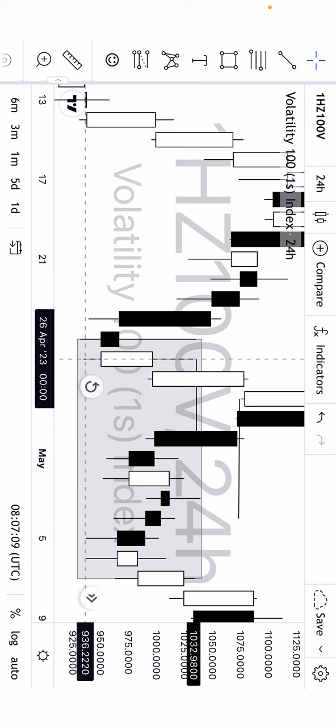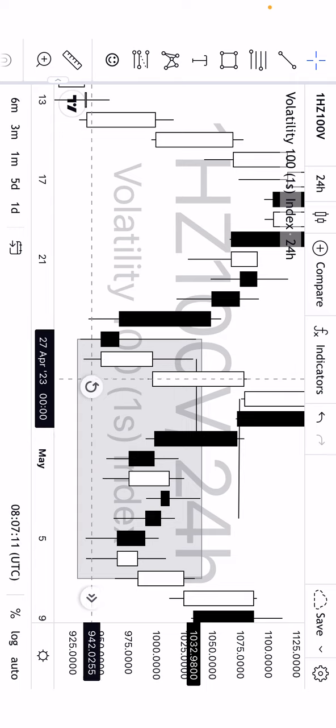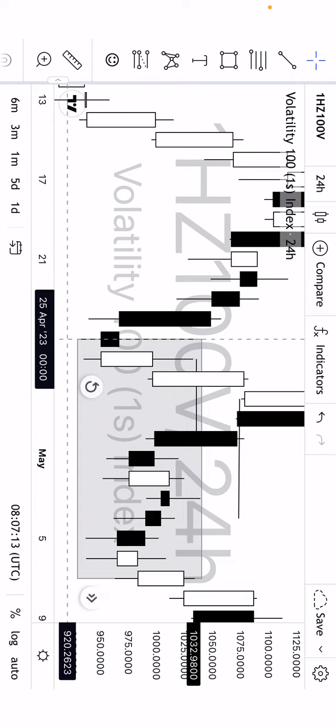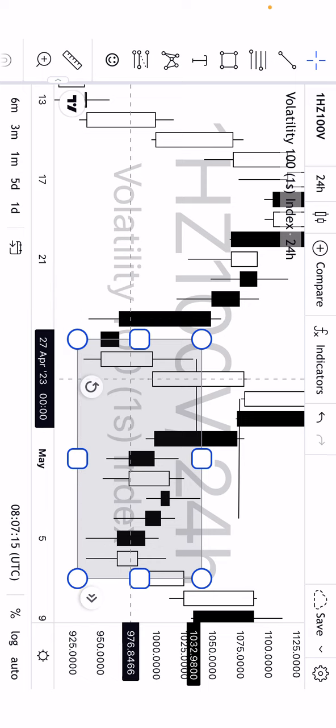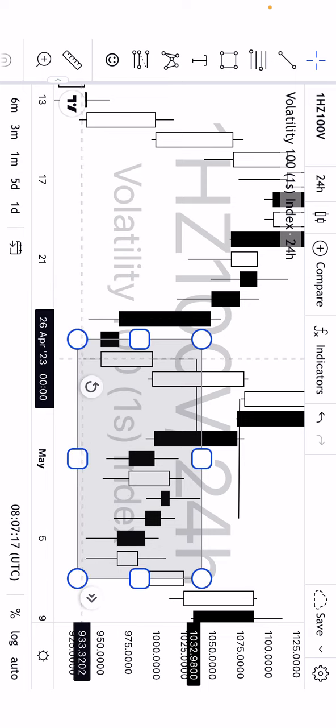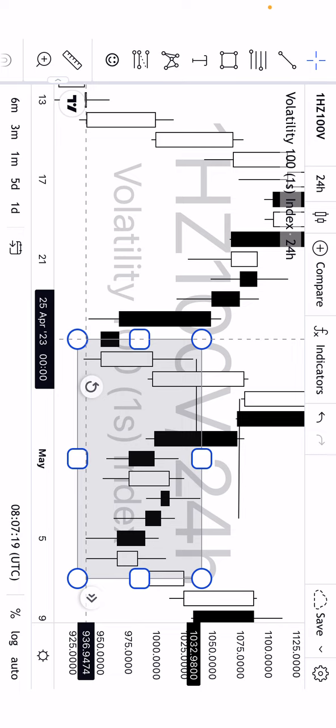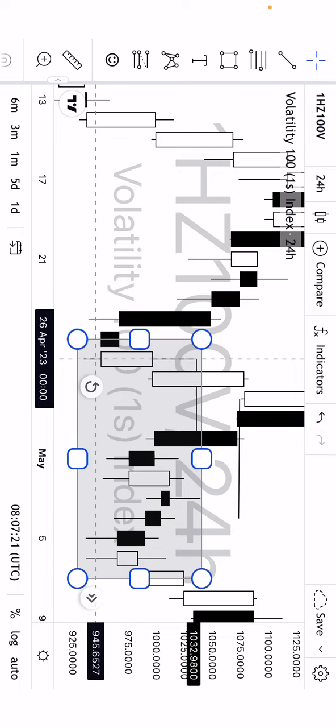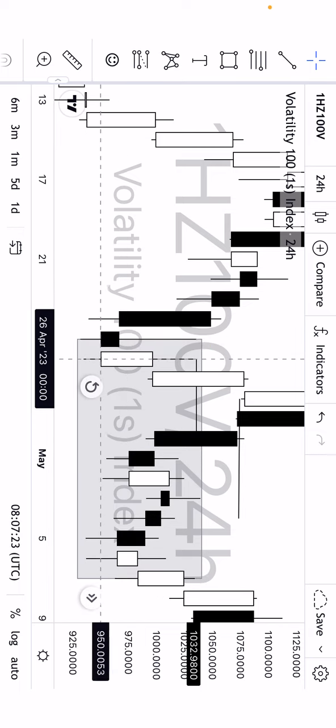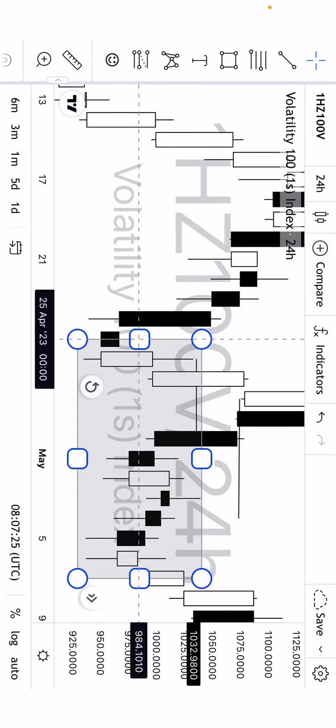Now this particular candle wick could not take out this low. Assuming this wick took out this order block, this is the candle we will be marking out as our point of interest.